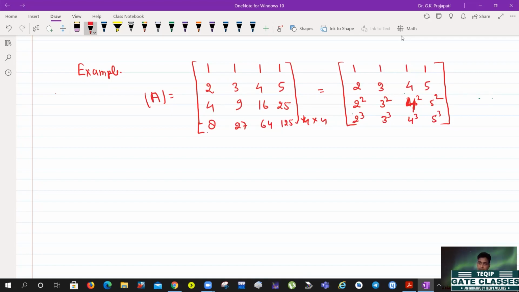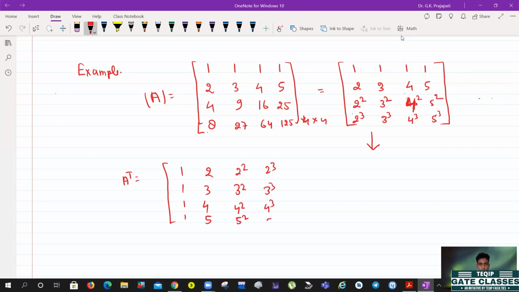So this is also a Vandermonde matrix. We can convert it: A transpose equals 1, 1, 1, 1, then 2, 3, 4, 5, then 2 square, 3 square, 4 square, 5 square, then 2 cube, 3 cube, 4 cube and 5 cube.